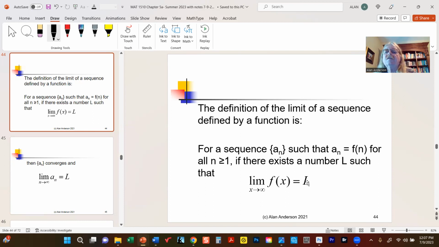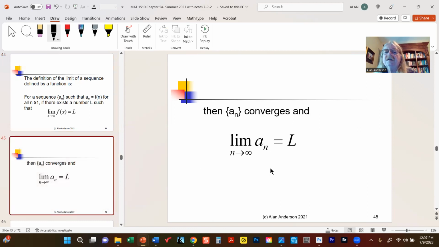Calculating the limit means that it is in fact convergent, and on top of that, we know what it converges to. Otherwise, if the limit doesn't exist, that means the sequence is divergent. So the limit of that sequence is L.